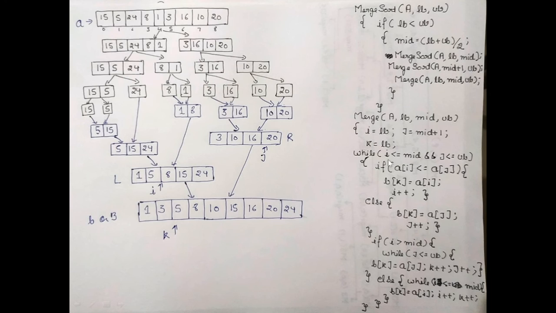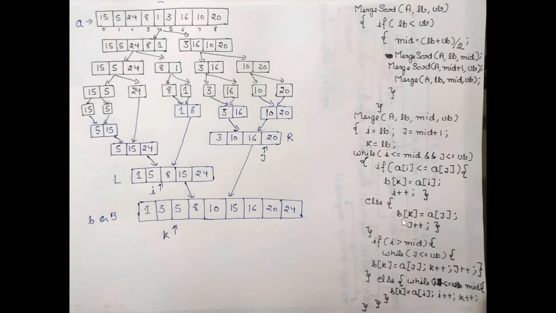So it will check whether a of i, that is 15, is less than or equal to 5, which is not true. So in that case, we will not go inside this if block. We'll go to the else block.